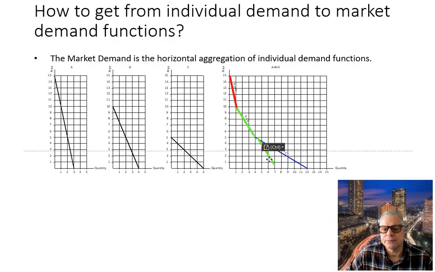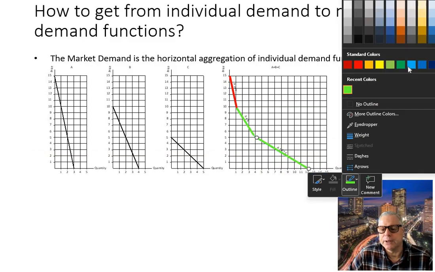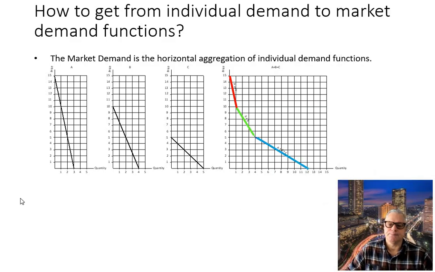So this section here would be A, B, and C. And that is how we get to the market demand function.